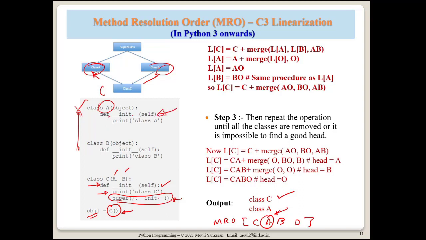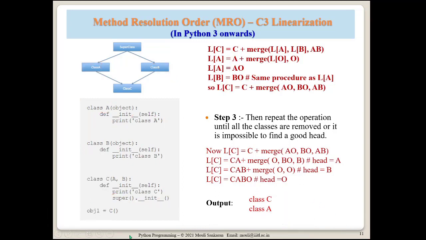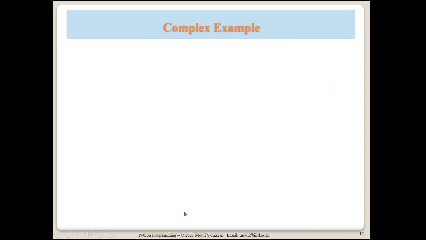So it is going to execute this init, which happens to be class A, and it stops there because it is not invoking any other init, as I mentioned earlier. Unless you specifically call the init, it's not going to call. So it stops. It's not going to call the init of object or init of B or whatever. Okay, it stops there. So that's why you see the output as class C and class A, which is getting printed. I hope this code is executed. If you execute it in Python, you will be getting it.